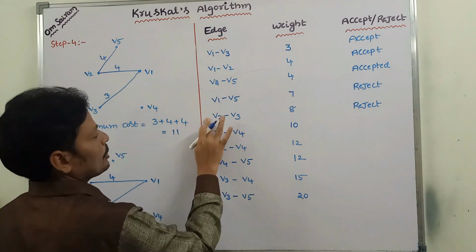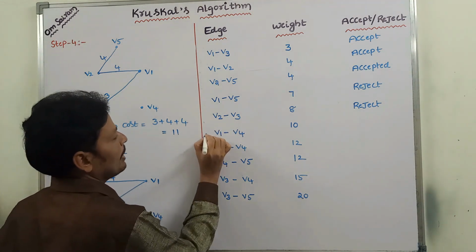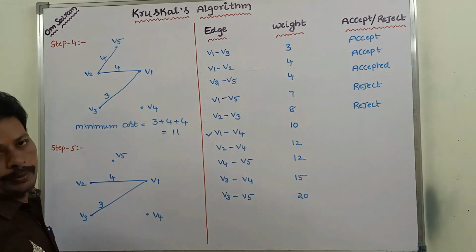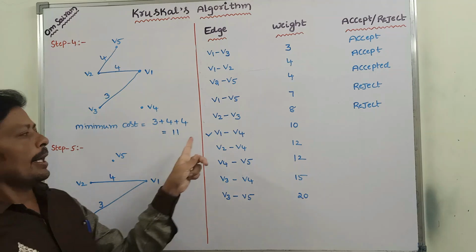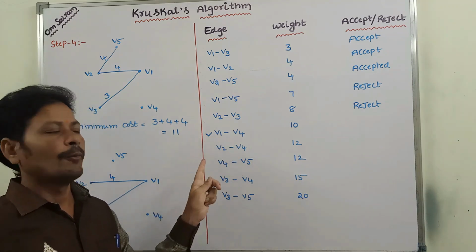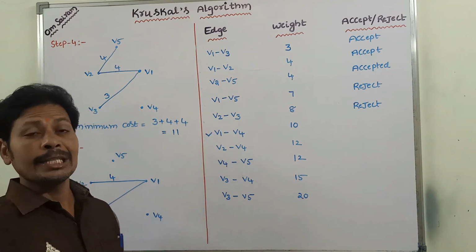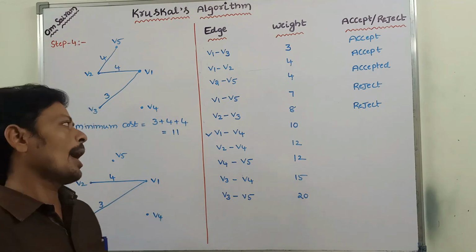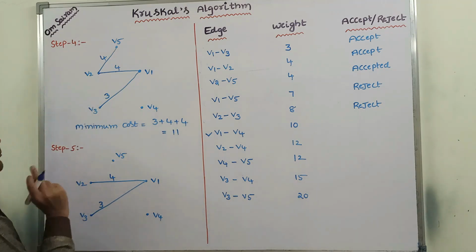Next we go for the next minimum weight edge, V1 to V4. After adding this edge, does the existing spanning tree form a cycle or not? We have to check in step 5.